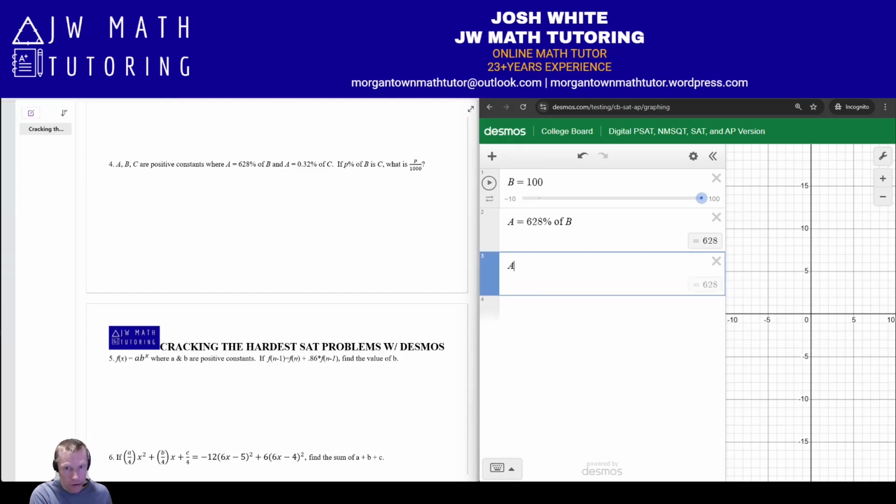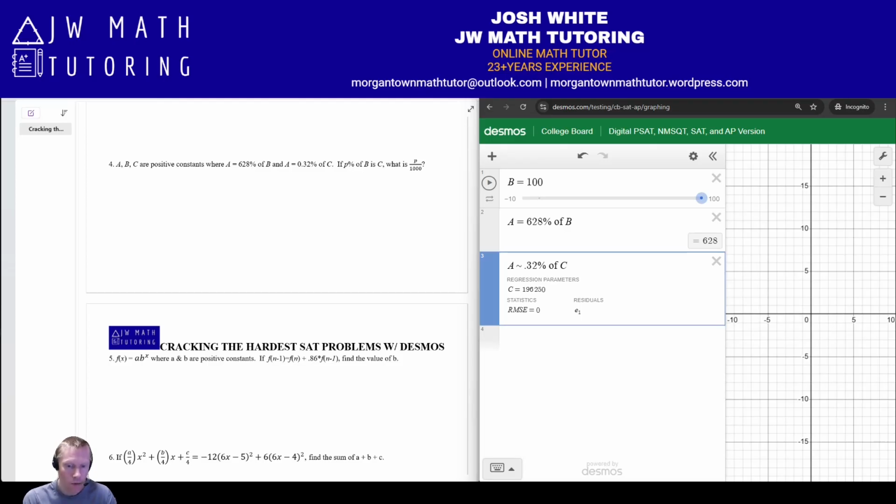Now I'm going to do a regression statement with A and C because that will take the value of A and that will allow me to find the value of C. So notice I can actually just type it like this. I can just type 0.32%. I don't even need to convert it to a decimal. Okay? Now I have a value of C.